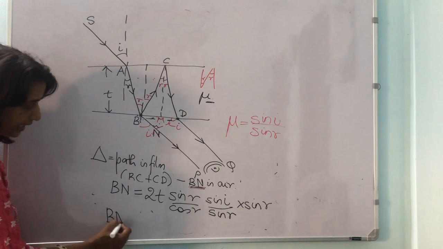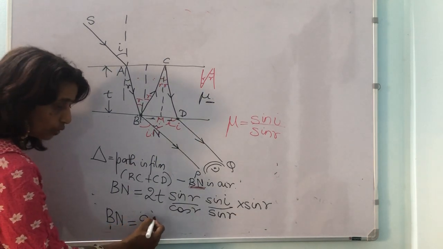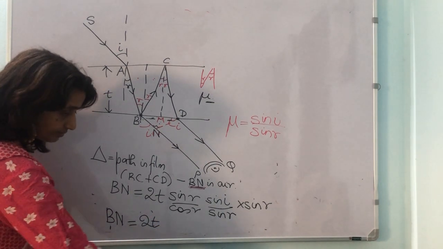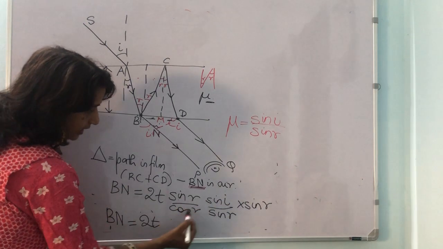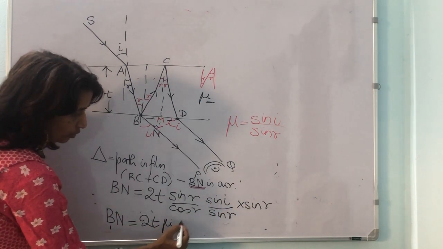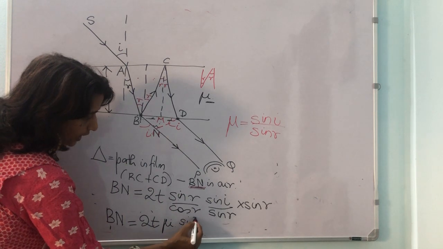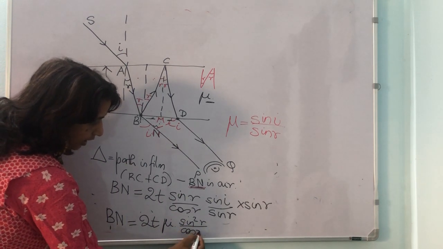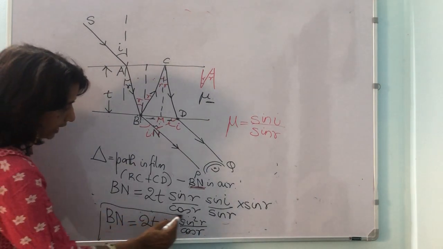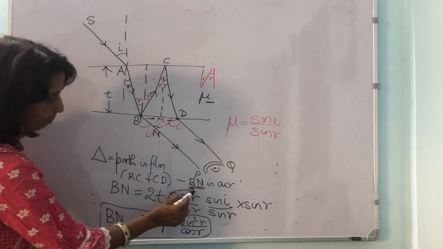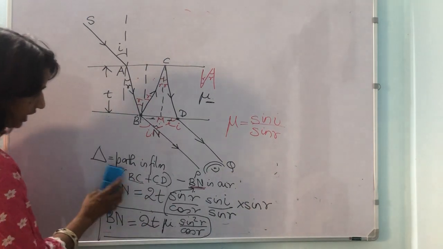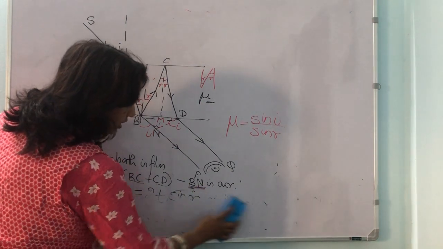So now BN becomes equal to 2t mu sin square R upon cos R. Putting this value of BN in the expression for path difference, and BC plus CD equal to T upon cos R, which we derived, we finally get an expression for path difference.